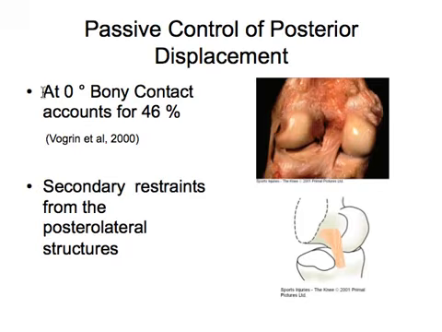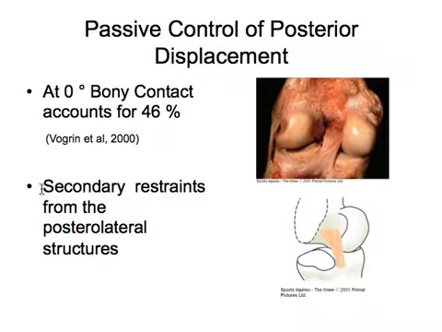One important thing to recognize is that because of the way the bony shapes of the joint slope, at 0 degrees of full knee extension, the contact between the femoral condyles and tibial condyles prevents posterior subluxation. This bony contact accounts for 46% of the stability of the knee at 0 degrees.